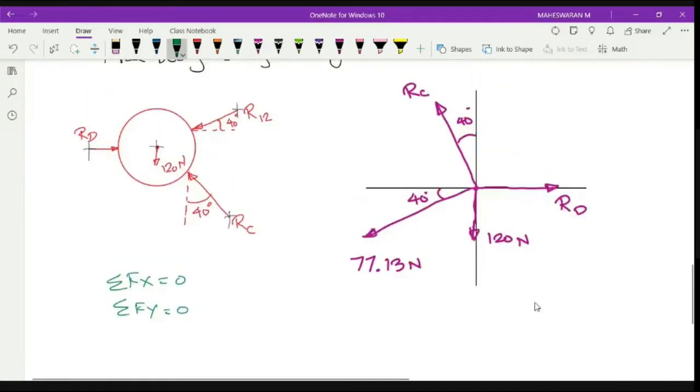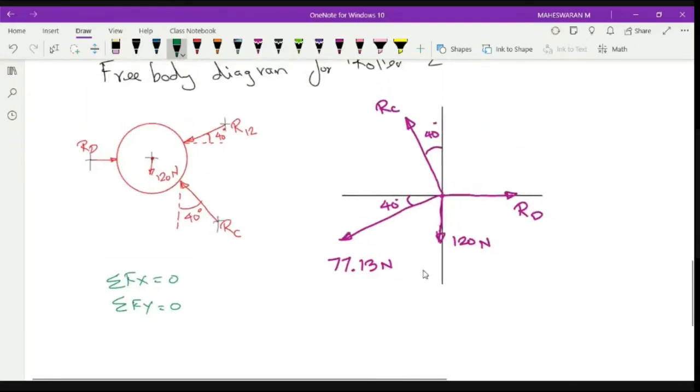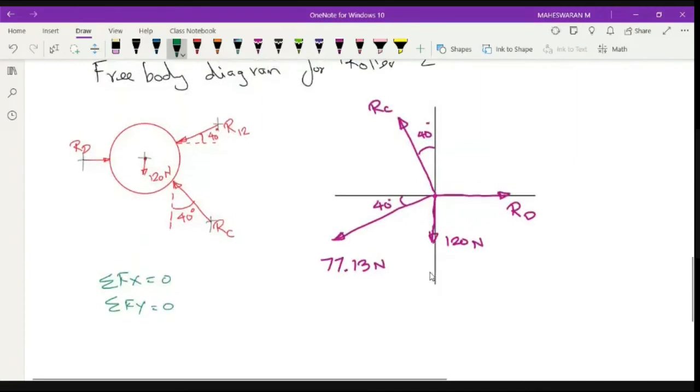Now I'm going to identify sigma Fx. I'm going to start from this and work through all the forces. First RB. It is in the positive x-axis, so you can directly write it as RB. RC, bring it to x. When you bring it to x, it is in the negative x-axis and your angle is increasing.